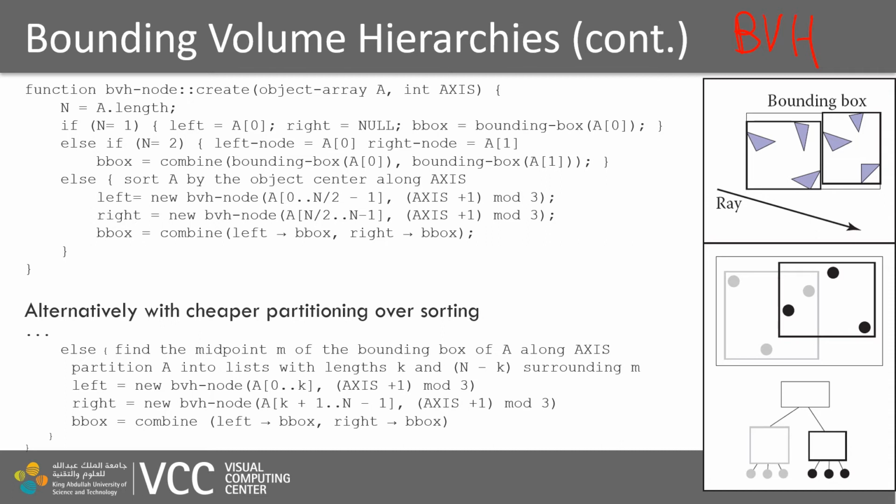So these bounding volume hierarchies, before we can actually execute code similar to the previous slide, where we are checking for the intersection, we need to build them. And how can we build these hierarchies?